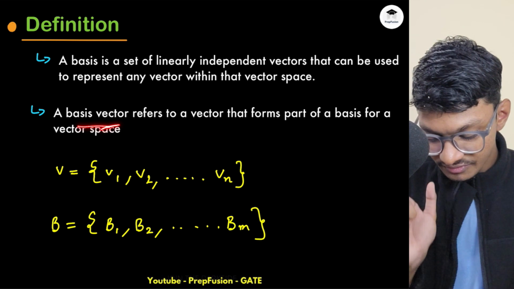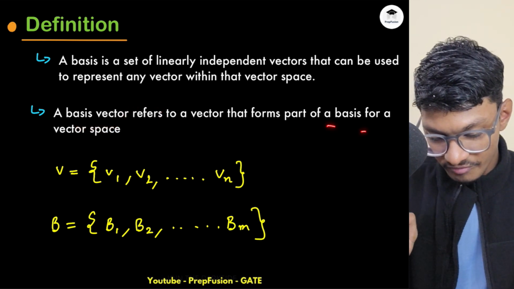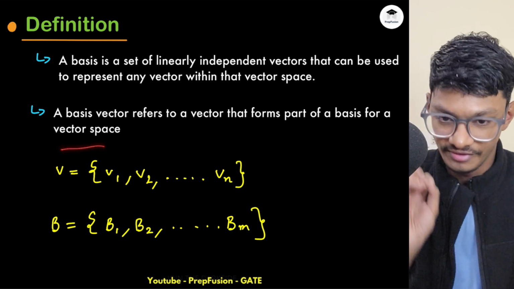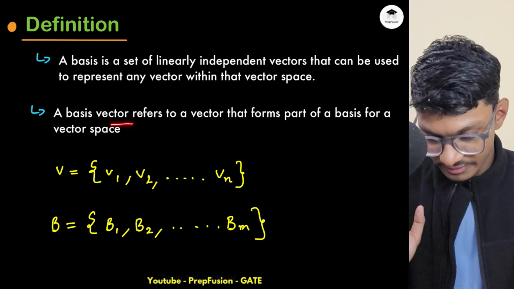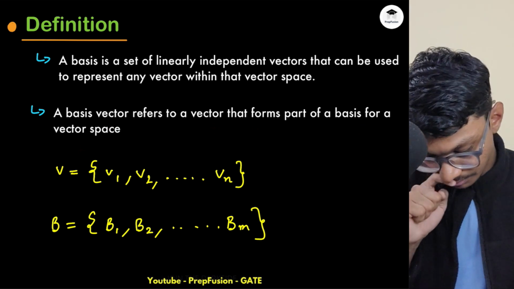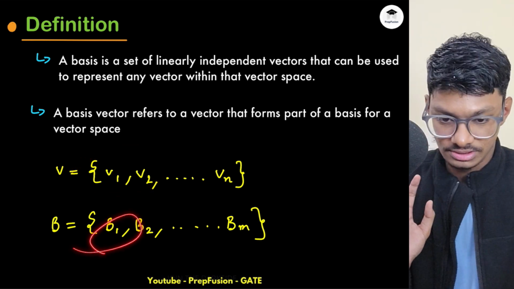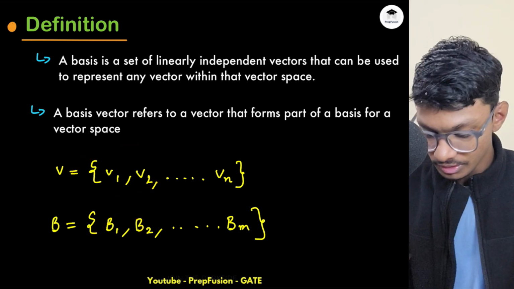Now, a basis vector refers to a vector that forms part of a basis for a vector space. So, basically, it is forming a basis. Okay, so this is also a vector space, right?